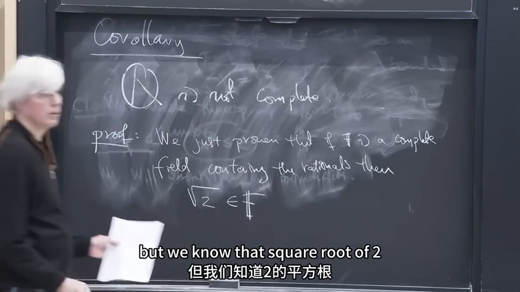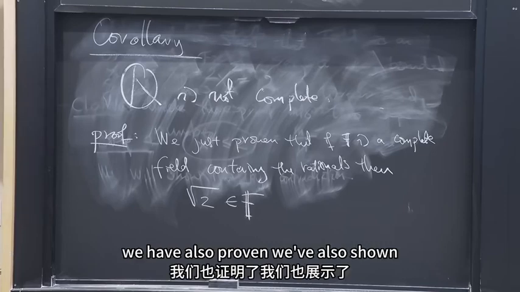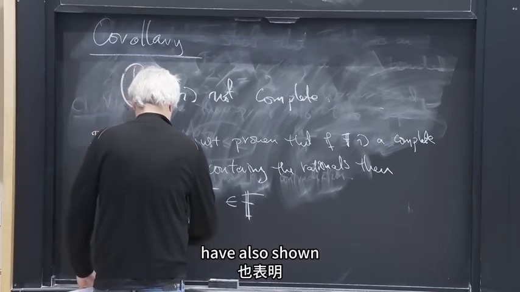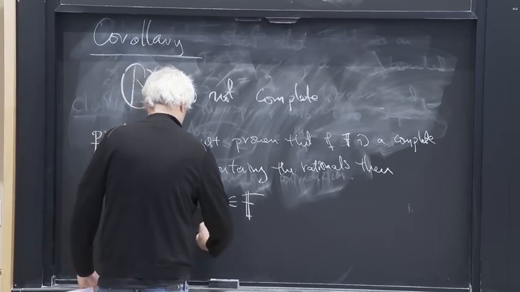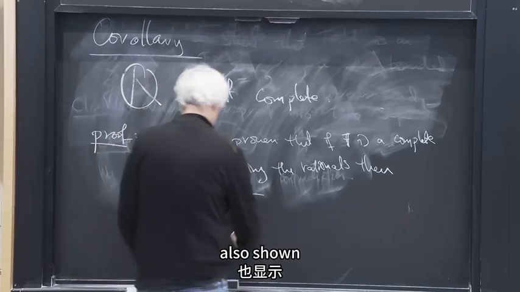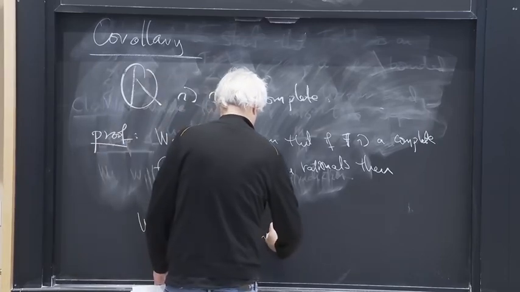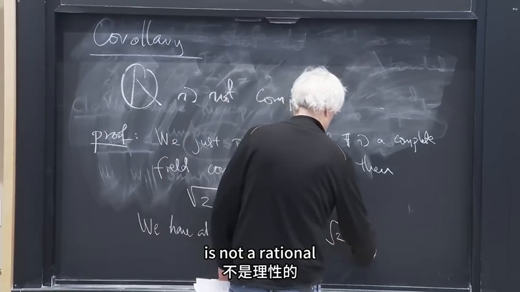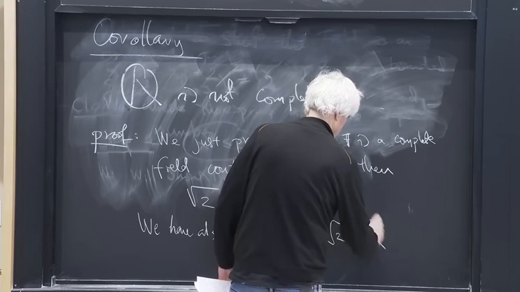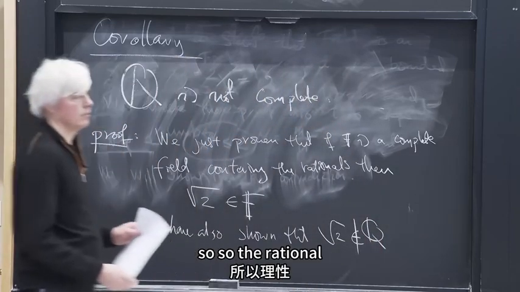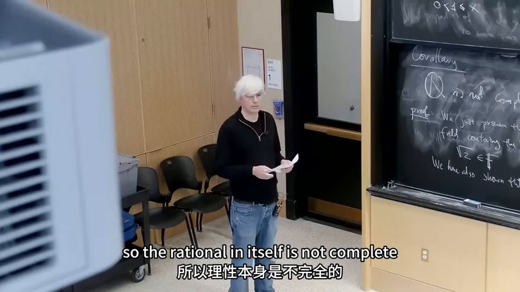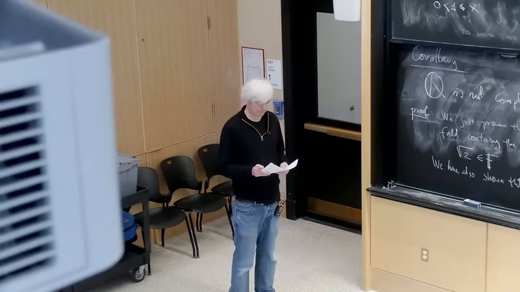But we have also shown that square root of 2 is not a rational number. Right? So the rationals in themselves are not complete.